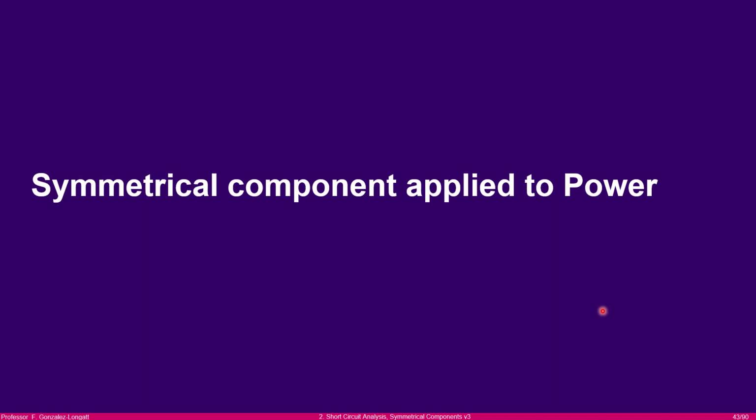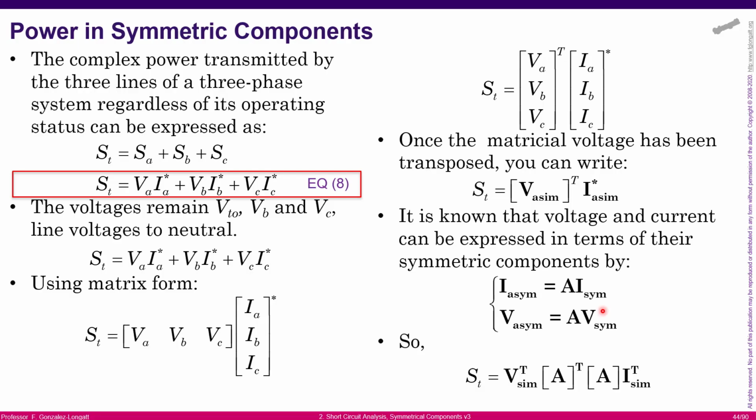In this case, I would like to introduce the very basic property of symmetrical components applied to power, okay? If we are working in an electrical power system and there is an unbalanced condition, let's say voltages are unbalanced and currents are unbalanced, to be honest, the basic properties still work.